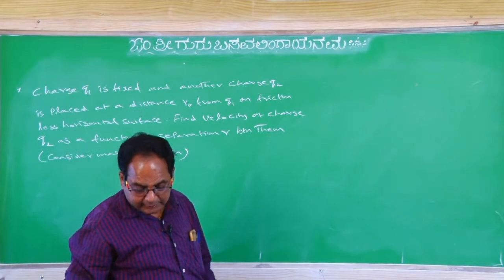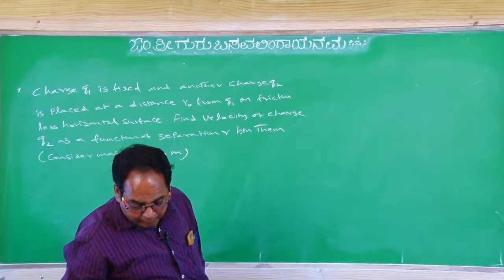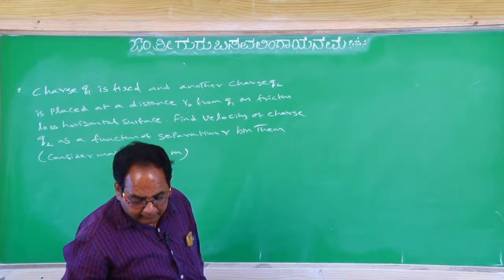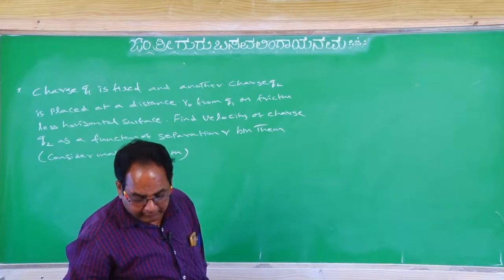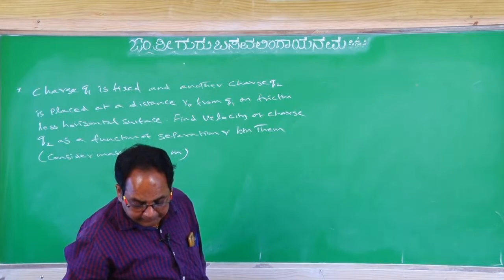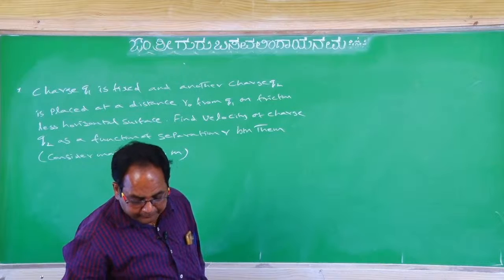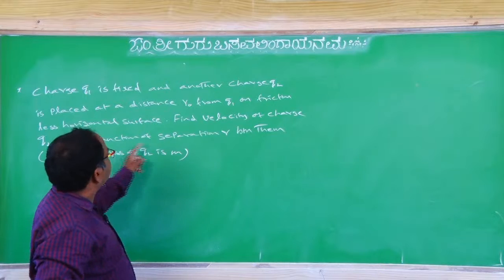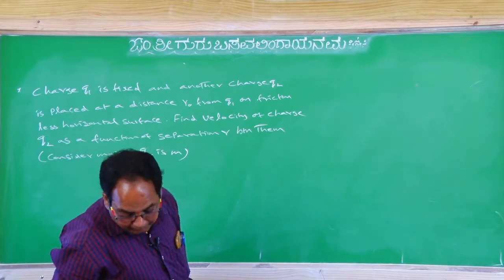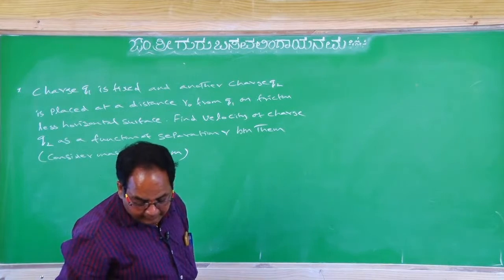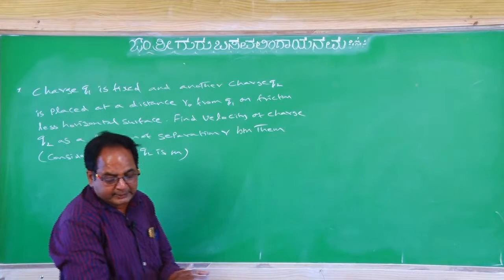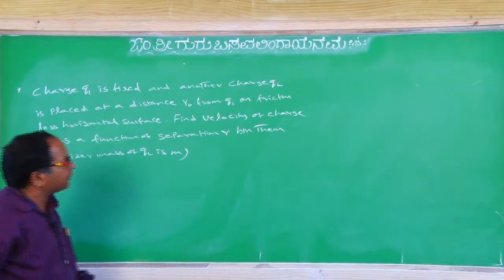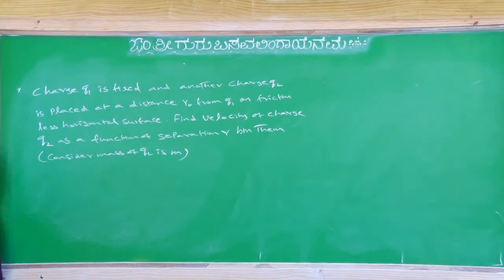Here, what is that one? Charge Q1 is fixed and the other charge Q2 is placed at a distance r naught from Q1 on a frictionless horizontal surface. Find the velocity of Q2 as a function of separation small r between them. We want to find out the velocity expression. How do you find it?